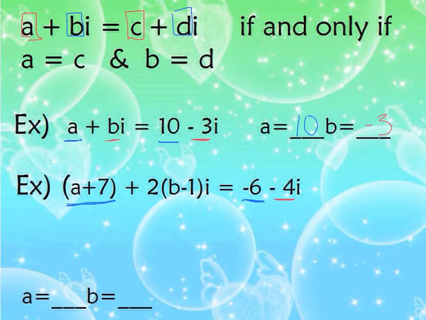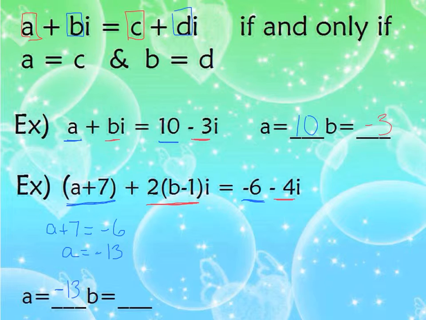And over here, I have a whole bunch of stuff that's the coefficient on my i. So to figure out the a and the b, I'm just going to set things equal to one another. For the a, I would just have to say a plus 7 needs to equal -6. Subtract the 7, and you get -13. So a is equal to -13.